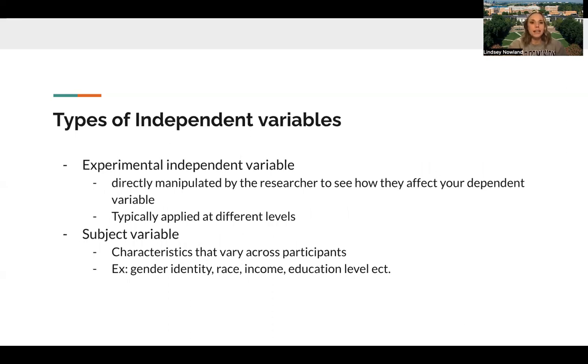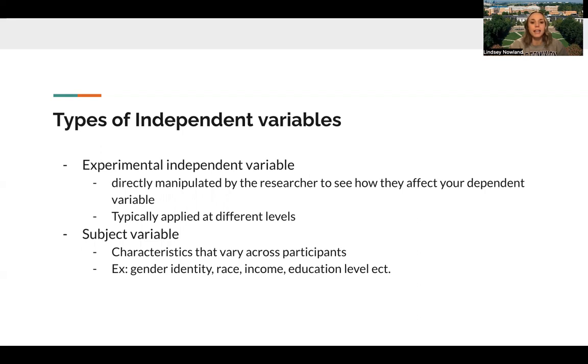There are two main types of independent variables. You have your experimental independent variable, the one that is used in an experimental research study. This is the variable that is directly manipulated by the researcher to see how it affects your dependent variable, or how it affects the outcome of your study.